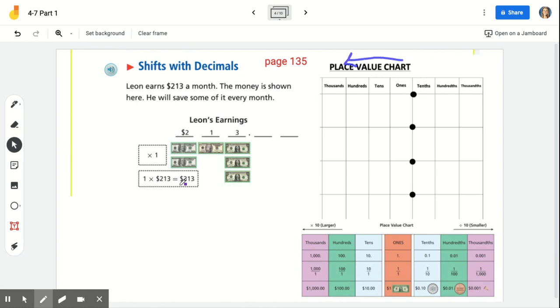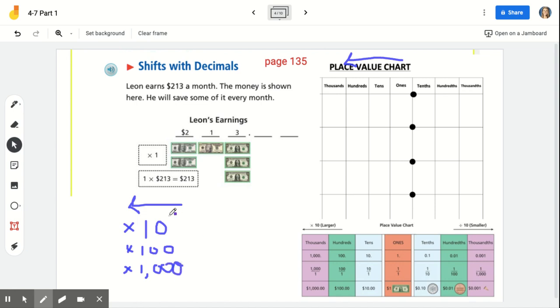So our digits are getting larger. So we know to the left, when we're multiplying by 10, by 100, or by 1000, we can use our place value charts and just shift our numbers over depending on what we're multiplying by.